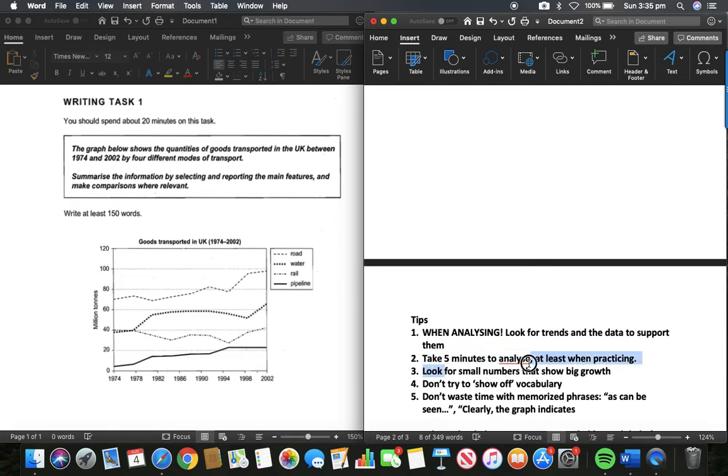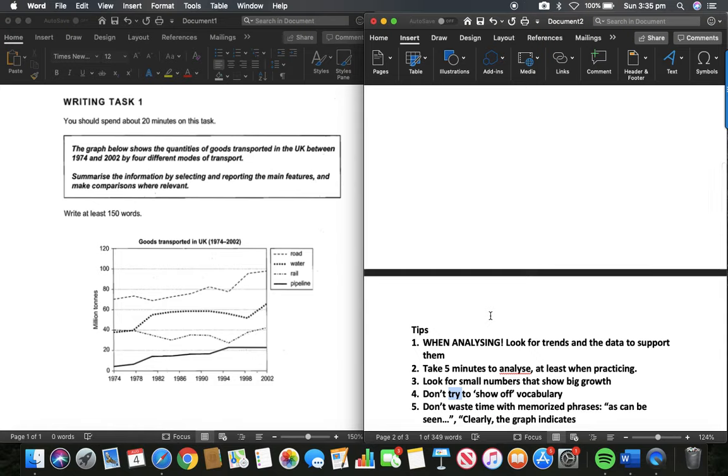Look for small numbers that show big growth. Ooh, what does that mean? I'll talk about that shortly. Also, do not try to show off your vocabulary. That means don't spend time memorizing increased significantly, shot up, plummeted. If you use those incorrectly, it just looks bad.